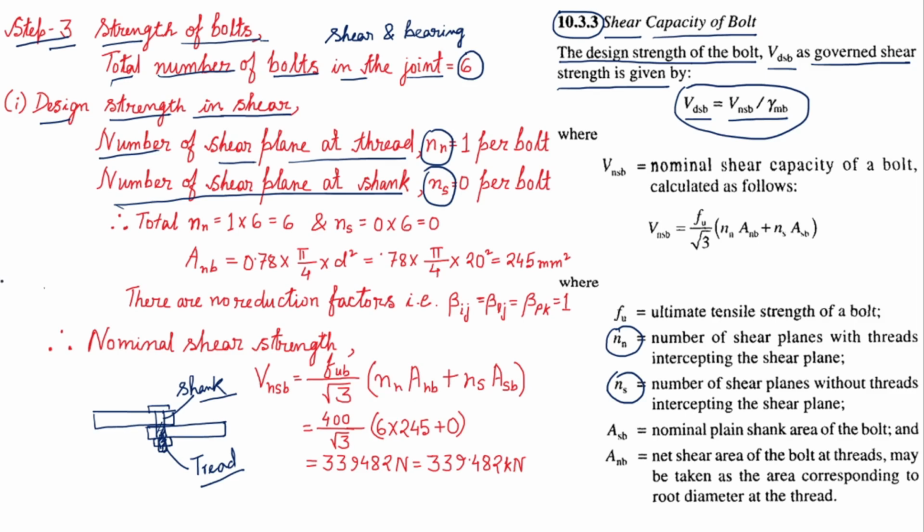Now these two plates are subjected to a pair of tension forces. Then due to this external force, in between the two plates the shear will develop, and this plane is called the shear plane.